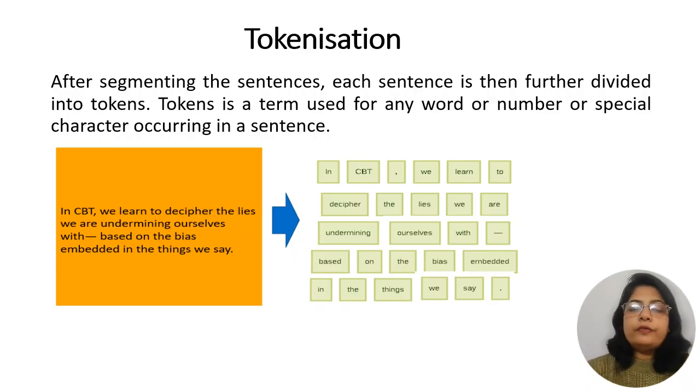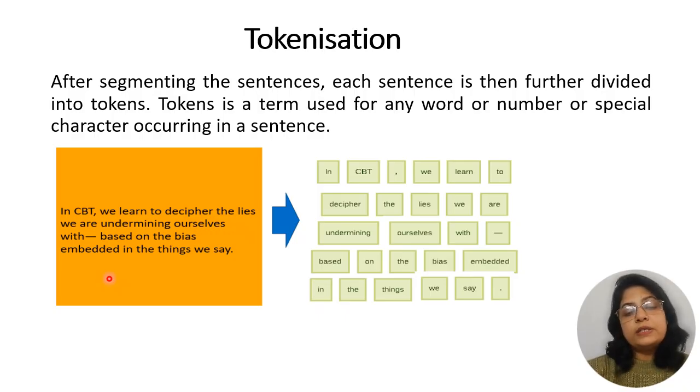The next step of text normalization is tokenization. Now, picking up one sentence at a time, we have simply separated the different words, also the punctuation marks. So these are the different tokens of one sentence. Note, punctuation marks are also considered as tokens.